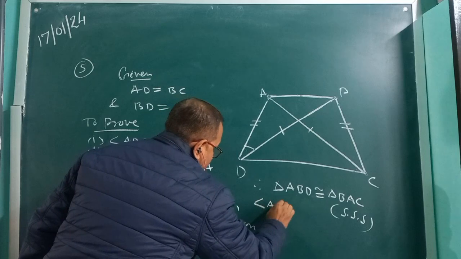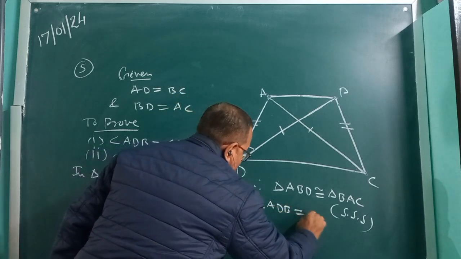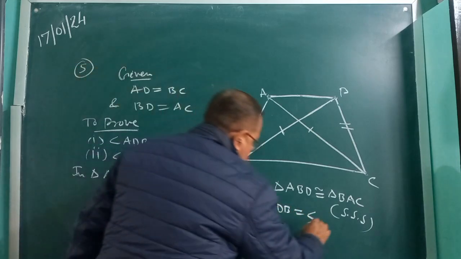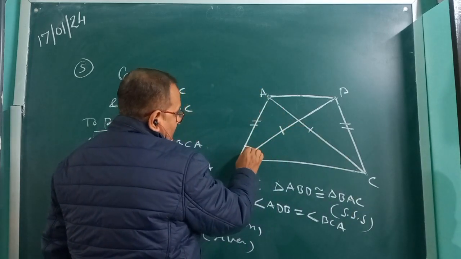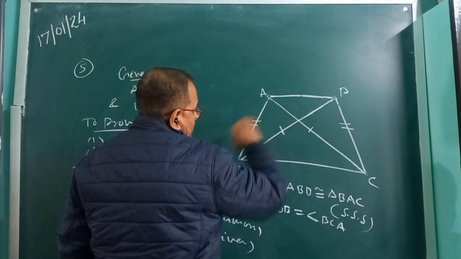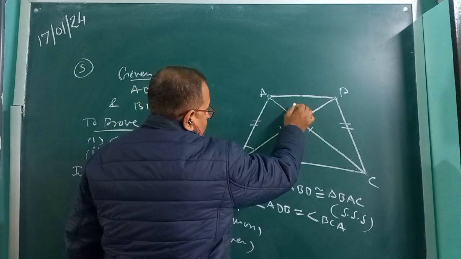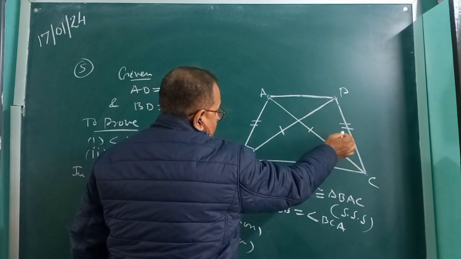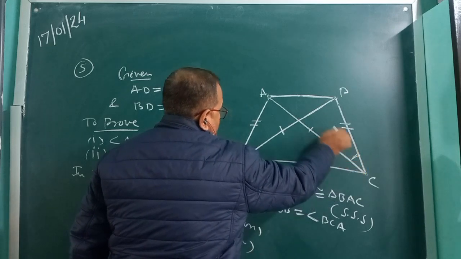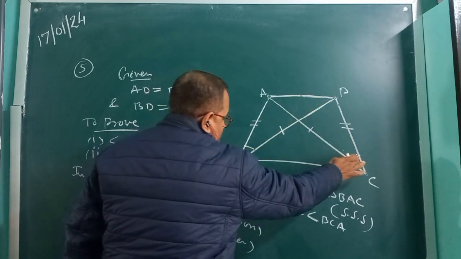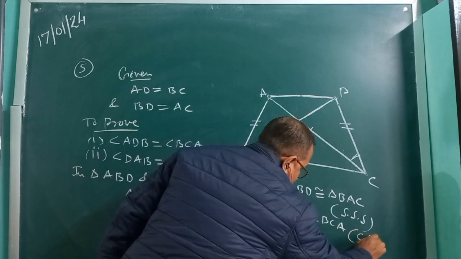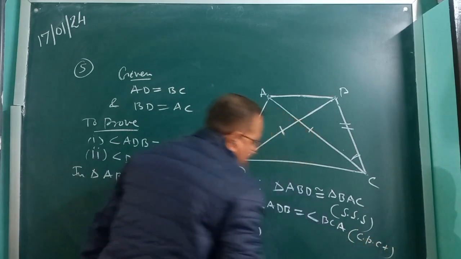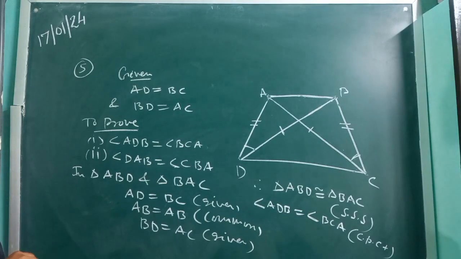So we can write angle ADB is equal to angle BCA. This angle is opposite to the common side, and in the second triangle, angle C is also opposite to the common side. So these two are corresponding angles, they will be equal. We will write here CPCT, corresponding parts of congruent triangles.